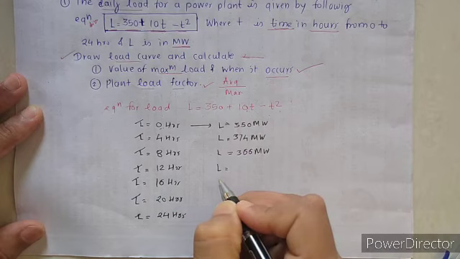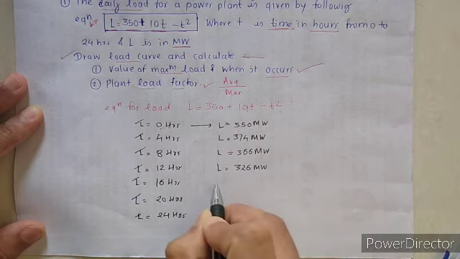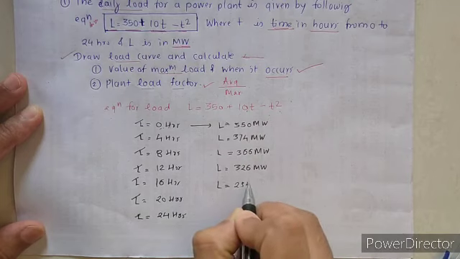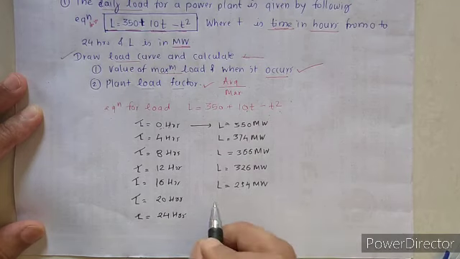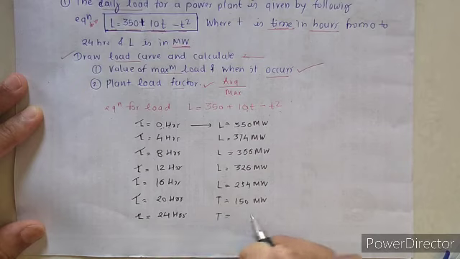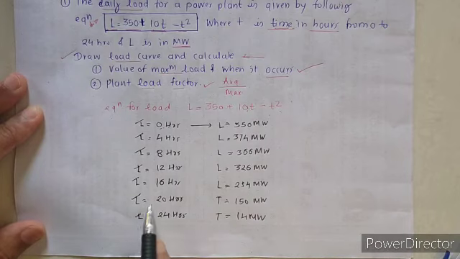At 12 hours it will be 326 megawatt. At 16 hours it will be 254 megawatt. At 20 hours it will be about 150 megawatt, and at 24 hours it is 14 megawatt. Now with the help of these time values and load values we can plot the load curve.